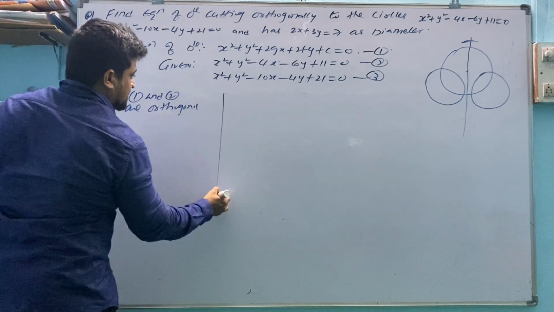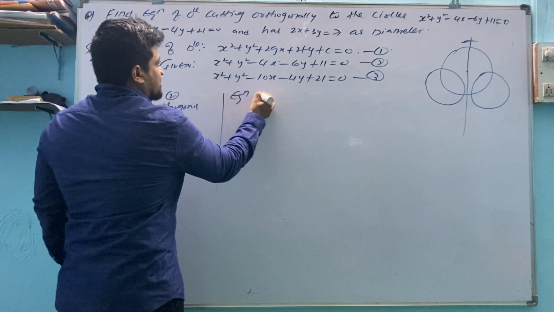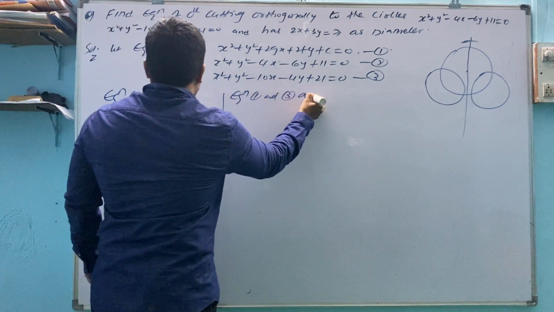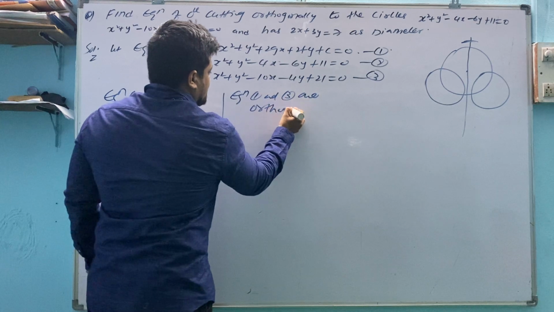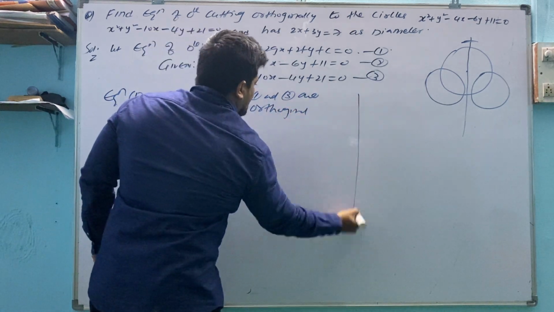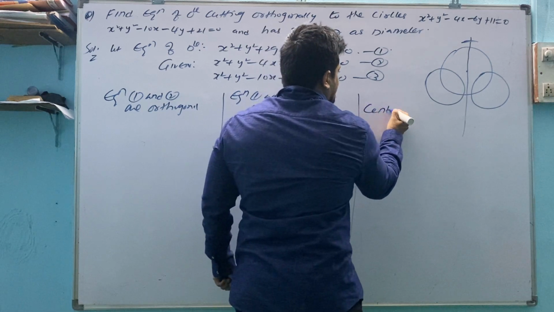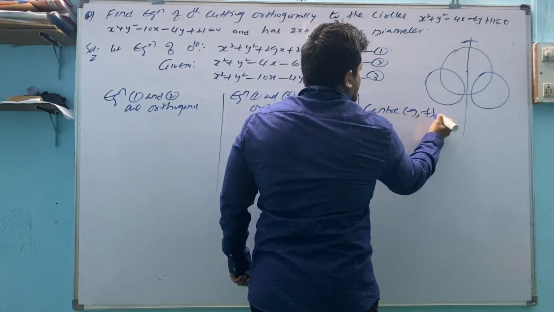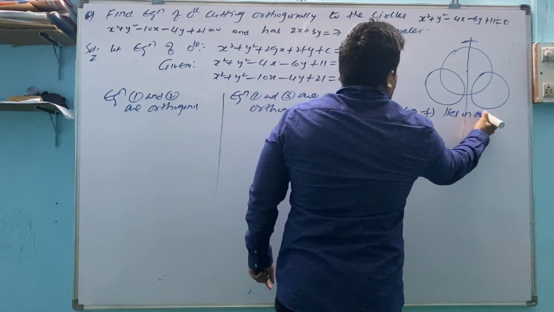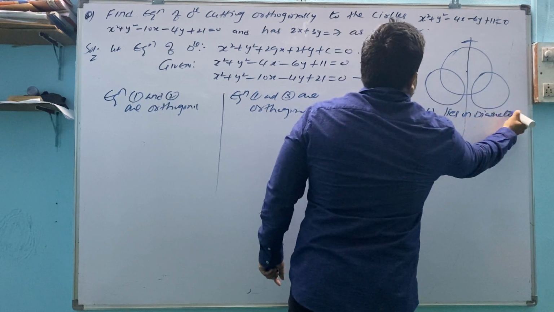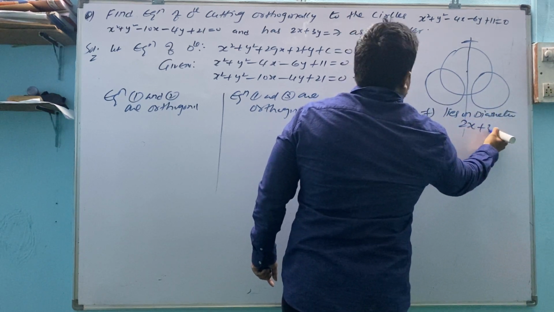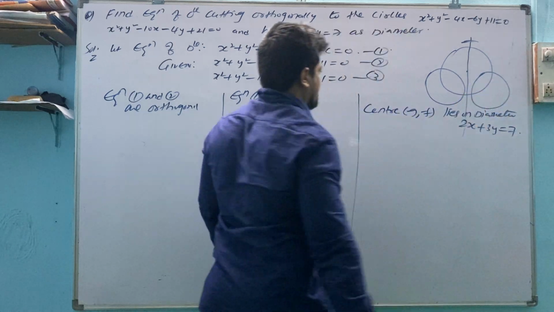Then equation 1 and 3 are also orthogonal. And one more thing is given to us, it has this as diameter. So we have to write that the center minus g, minus f lies on the diameter. What is the diameter? 2x plus 3y equals to 7.